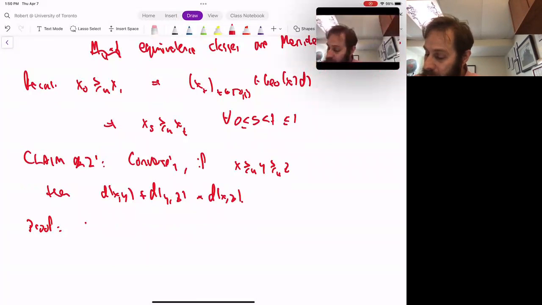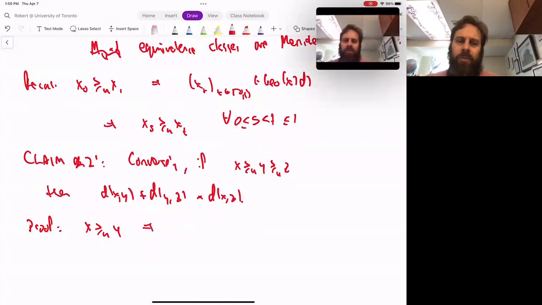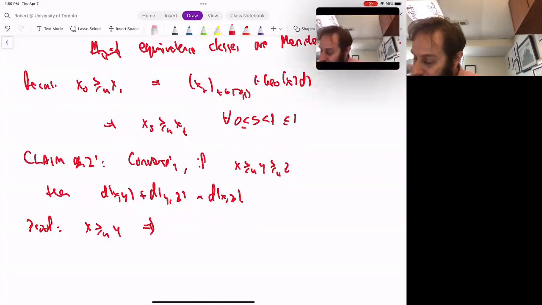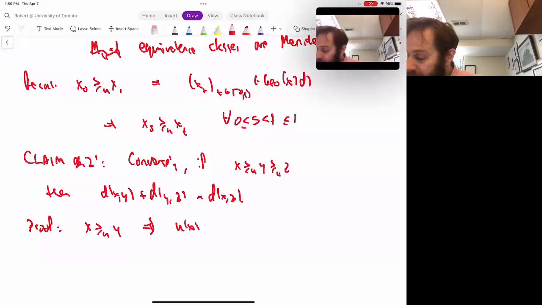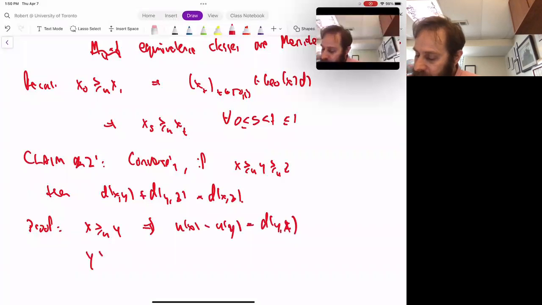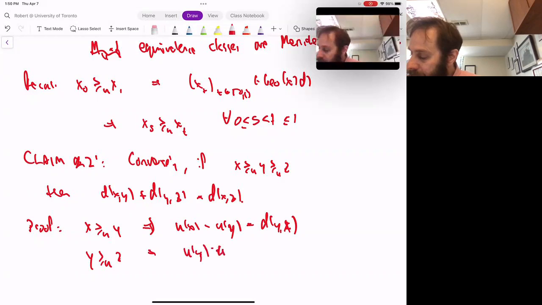So all of these proofs basically are playing off the triangle inequality on the one hand with the Lipschitz condition on the other to show that equality holds. So x dominating y says that ux minus uy is dxy. And y dominating z implies uy minus uz is dyz.